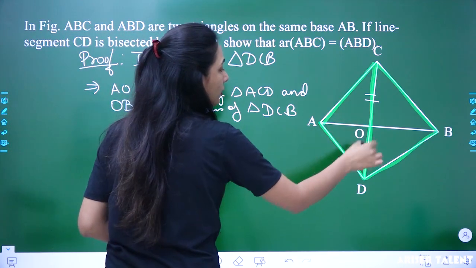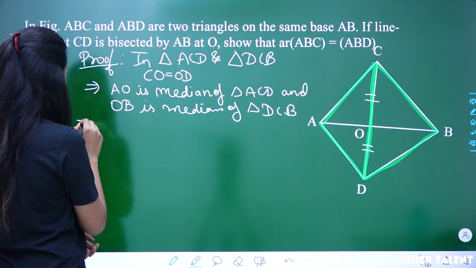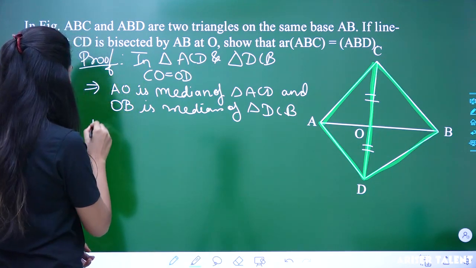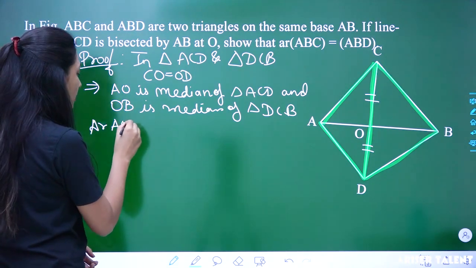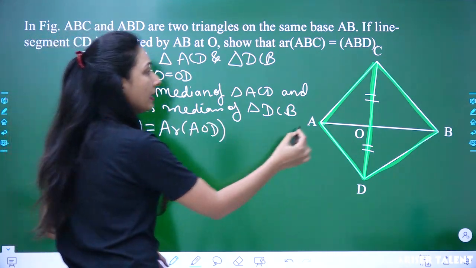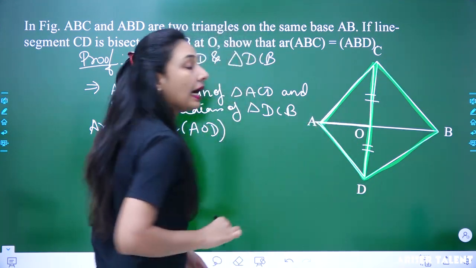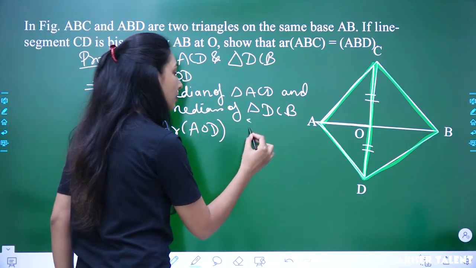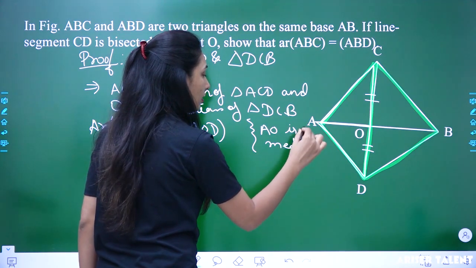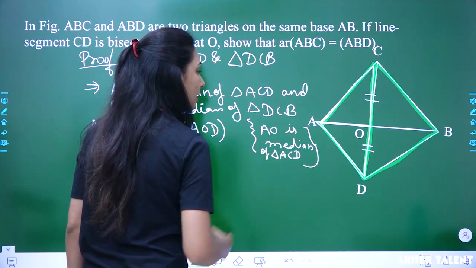Now we are going to talk about these two areas, right? So area AOC is equal to area AOD. I am saying that these two areas are basically equal to each other. And why so? Because AO is the median of triangle ACD.